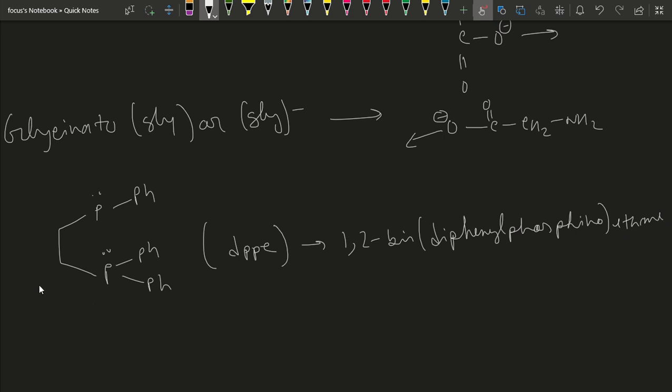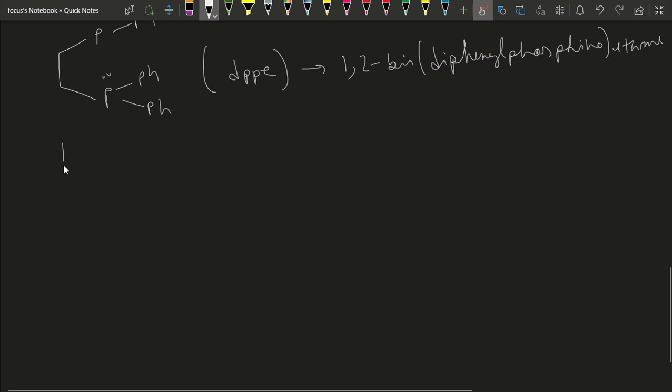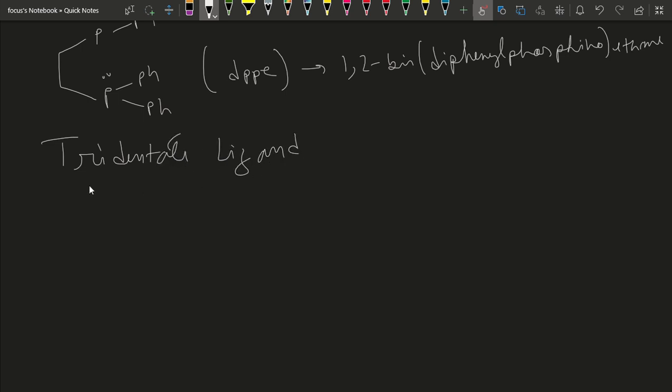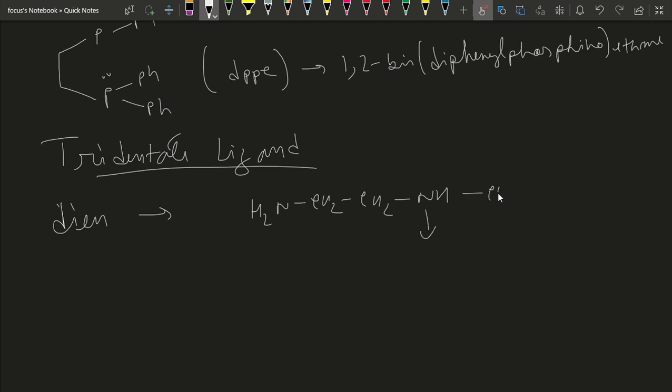Okay, after that we have tridentate ligand. As we can have the idea about this ligand, it has three donor atoms. Some examples are diene, it is the donor center.